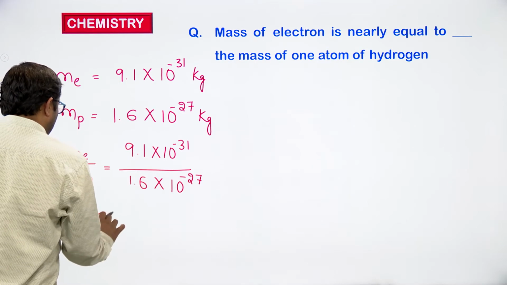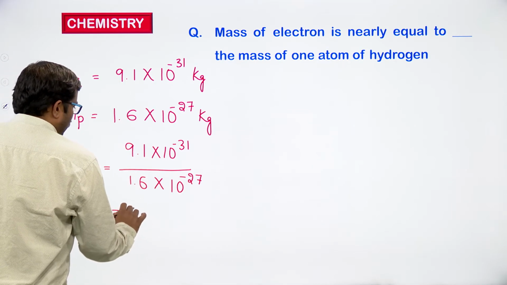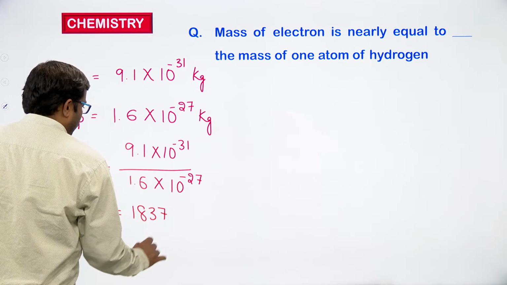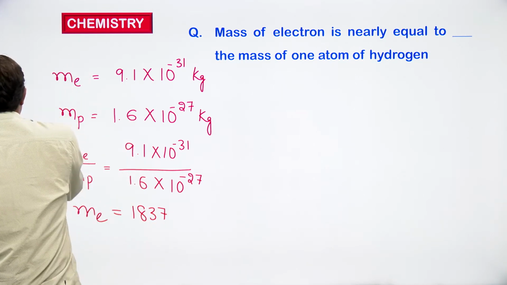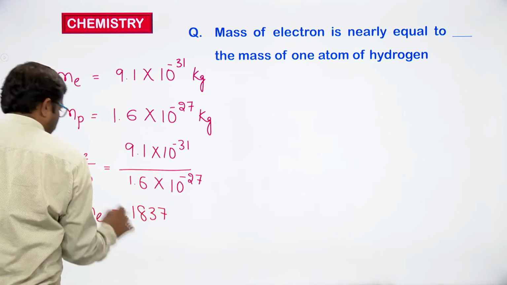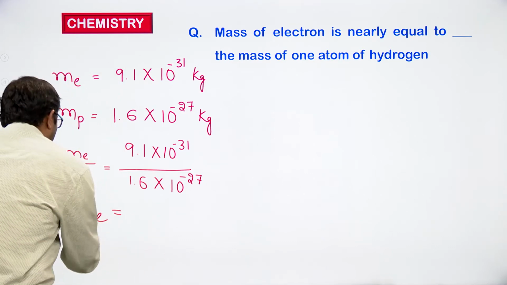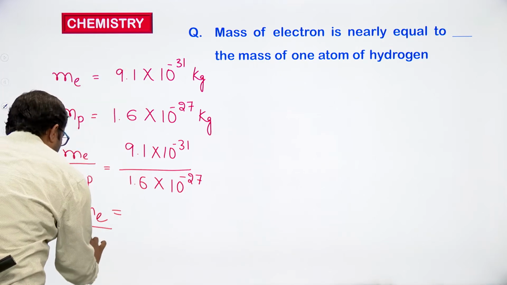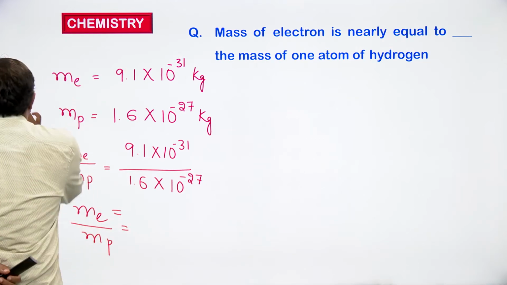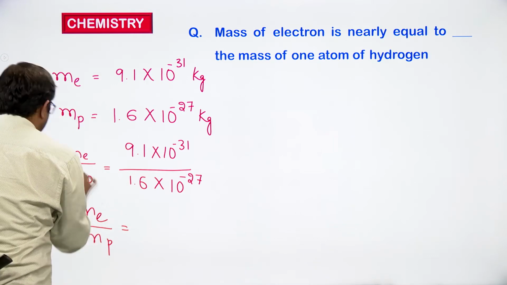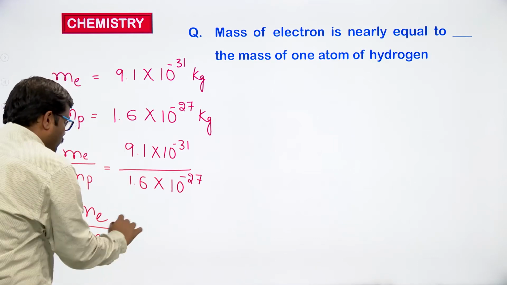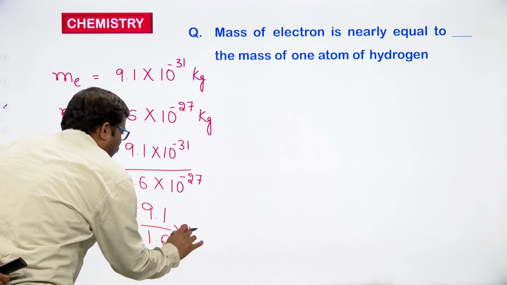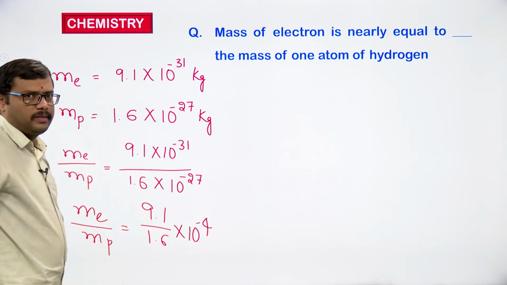So the mass of the electron will be around 1837. Let me write it the other way around. The mass of the proton will be equal to 9.1 divided by 1.6 into 10 to the power of minus 4, okay.